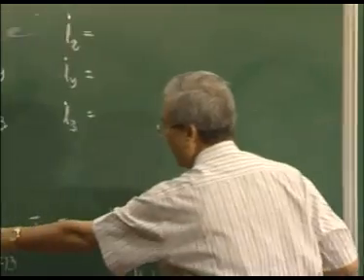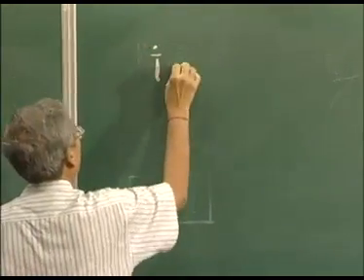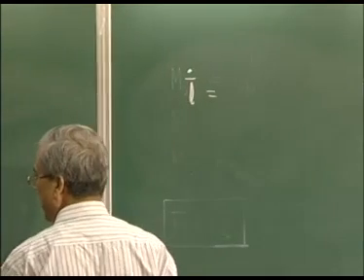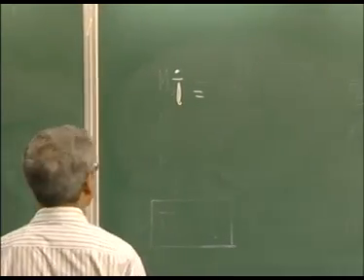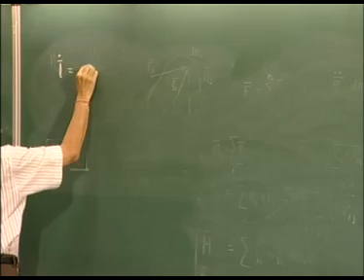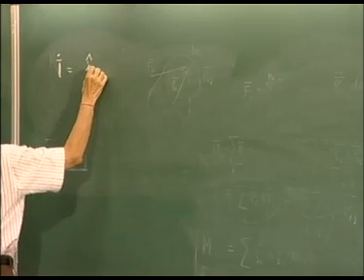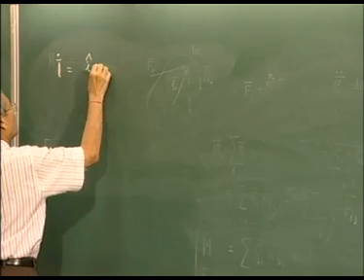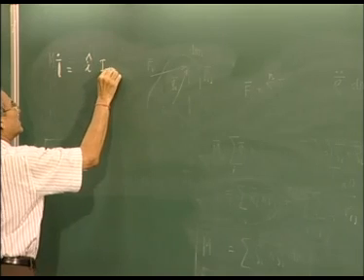So what we will get, L dot, the rate of change of the angular momentum with respect to an absolute frame of reference, is equal to i hat Ixx.